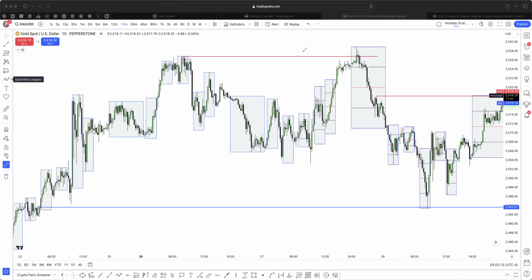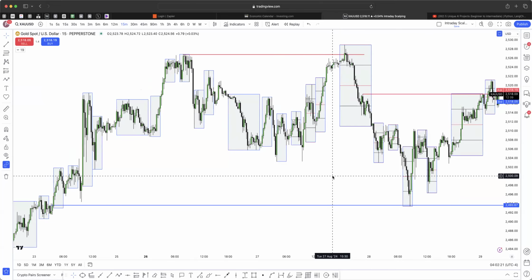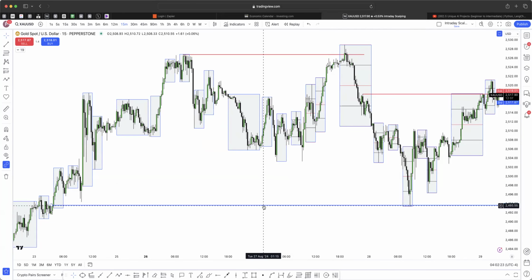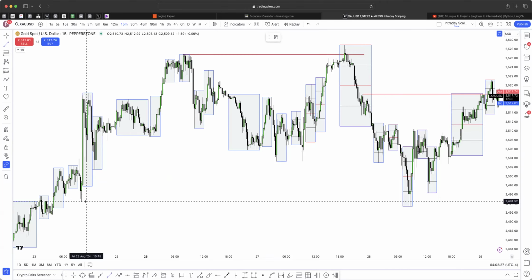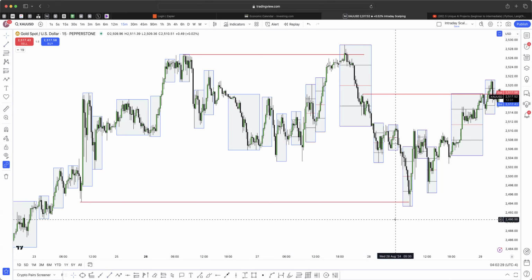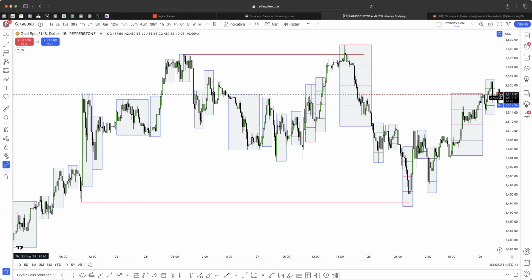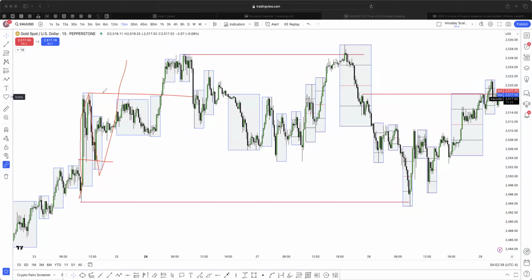Now, having said that, once we took that out, the buy side is done. Now, look at it from the perspective of sell side. Can you see right there? See that mitigation?